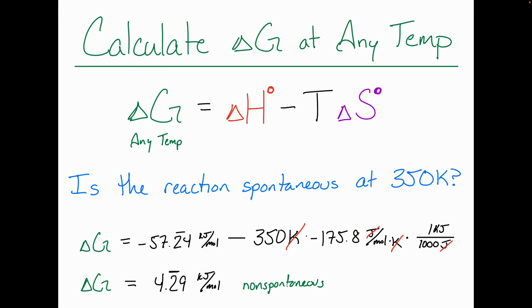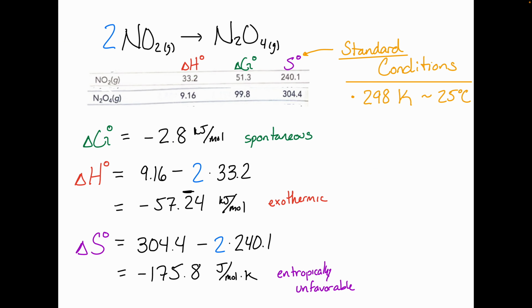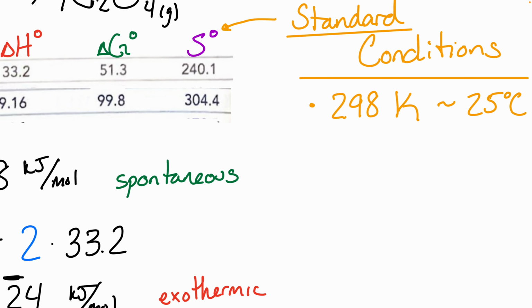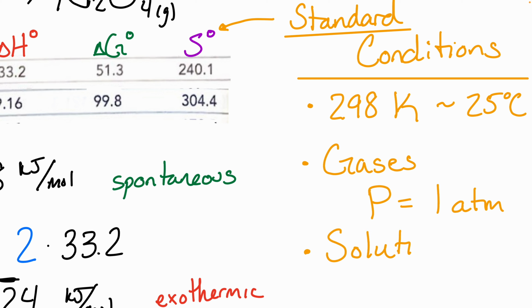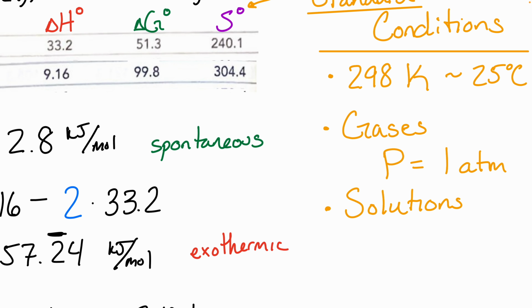Now, it turns out that standard conditions are even more stringent than just a temperature requirement. It also tells you how much of your product and reactant you have in your reaction mixture. So standard conditions is that 298 Kelvin. It also means that any gases have a pressure of 1 atm, and any solutions have a concentration of 1 molar.